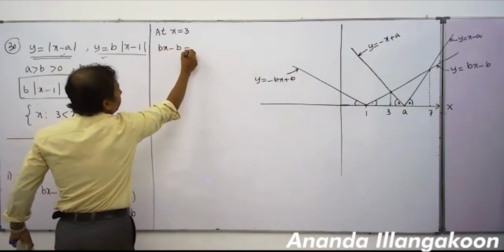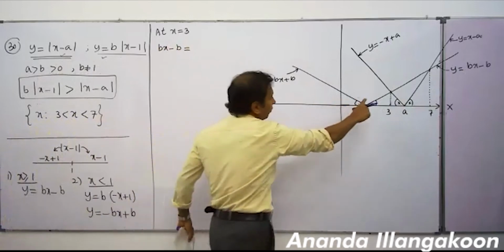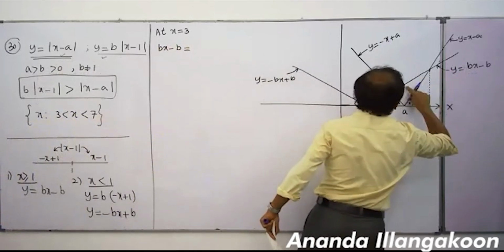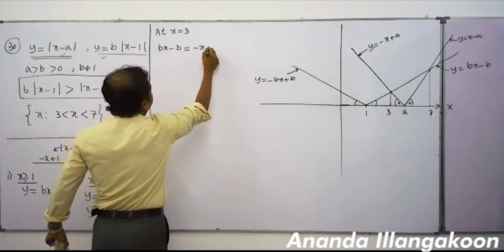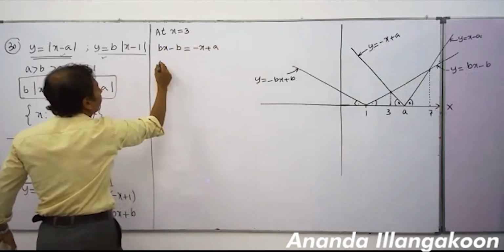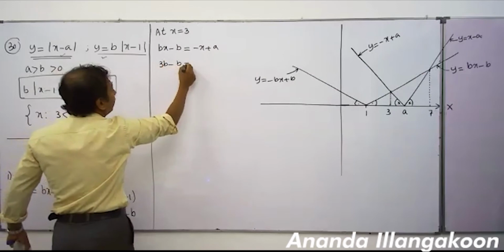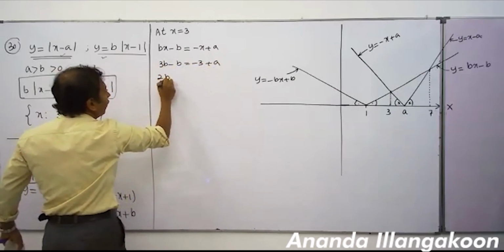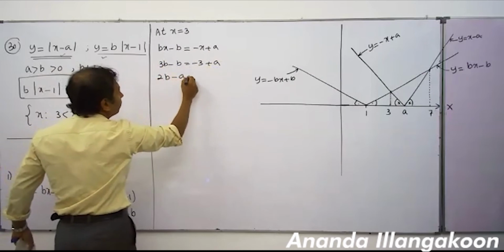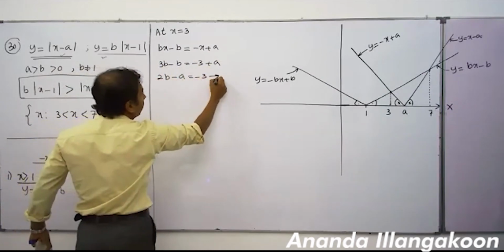Bx minus b, this equation bx minus b should be equal to minus x plus a. Put x equals 3 here. 3b minus b equals minus 3 plus a. Here 2b brings this side minus a equals minus 3. Number 1.